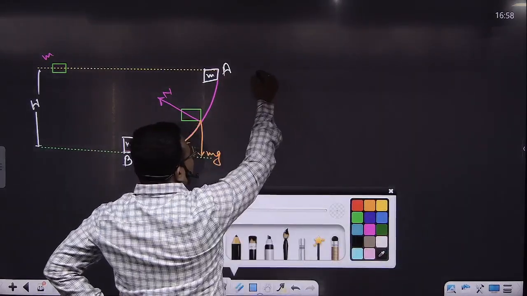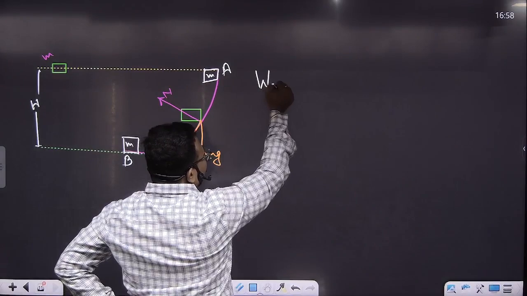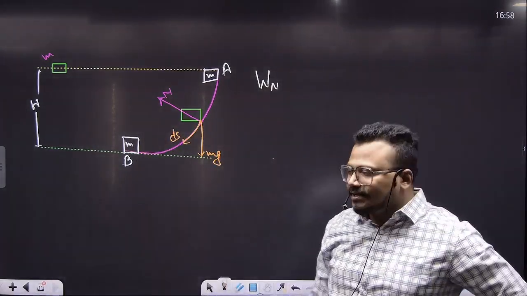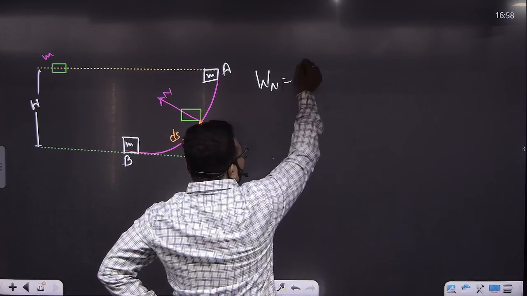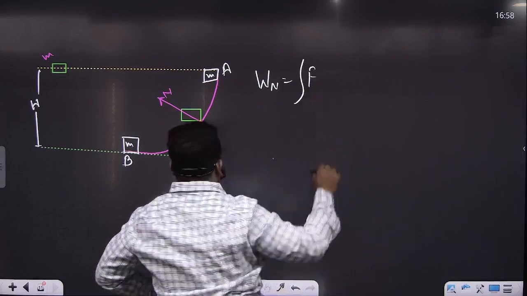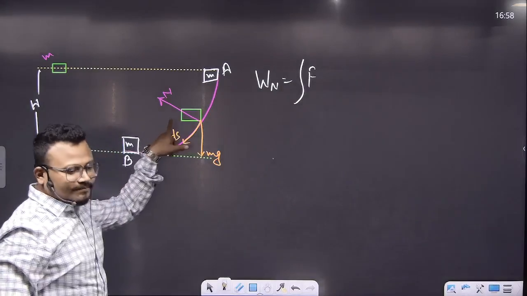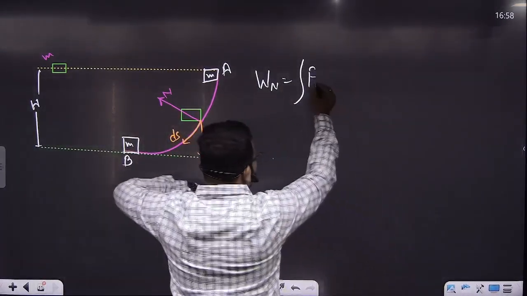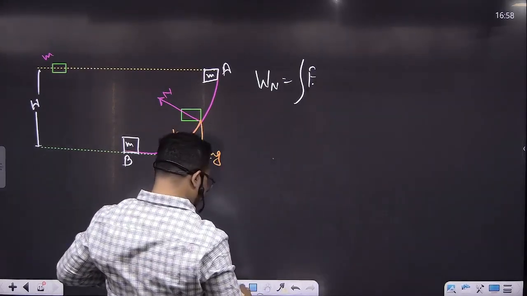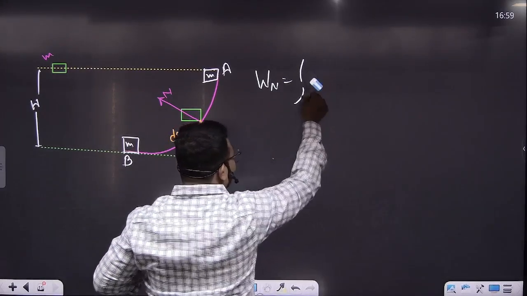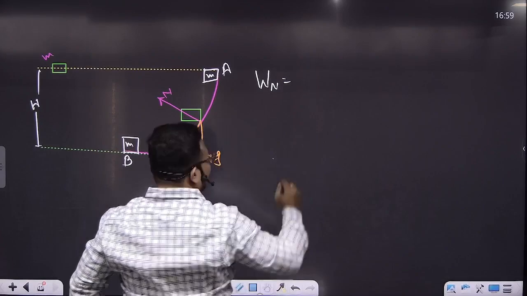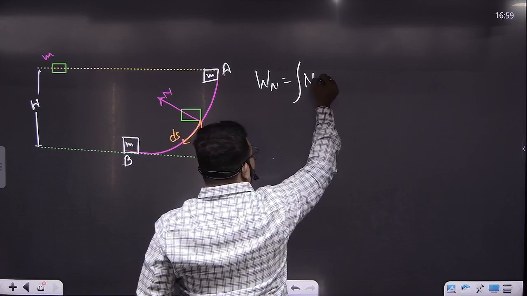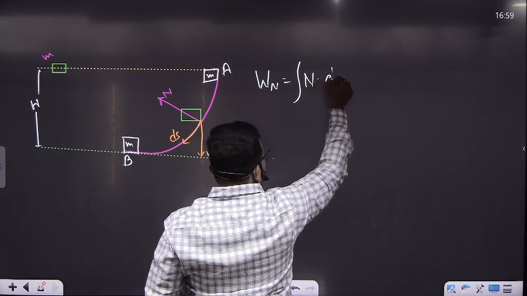Work done by normal means the integral of F dot ds, where F here is the normal N. So it is N dot ds.